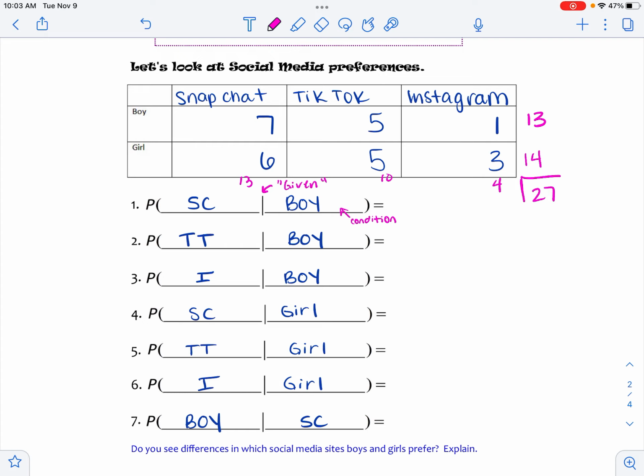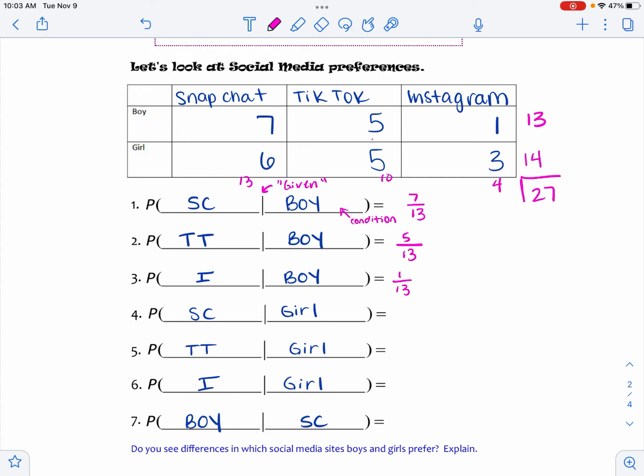All right, so now, Snapchat given boy, there are 7 boys that prefer Snapchat out of 13 boys total, so 7 out of 13. TikTok given boy, there's 5 boys that prefer TikTok out of the 13 total. And Instagram given boy is 1 out of 13.